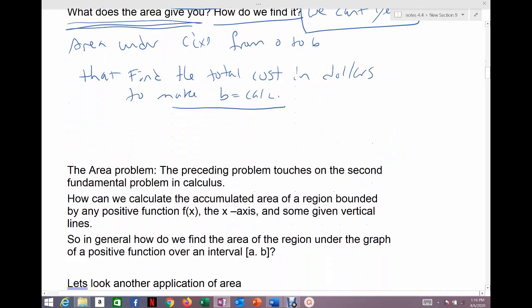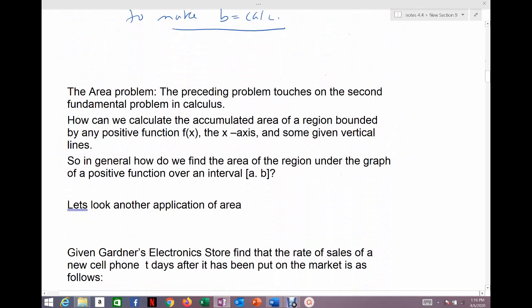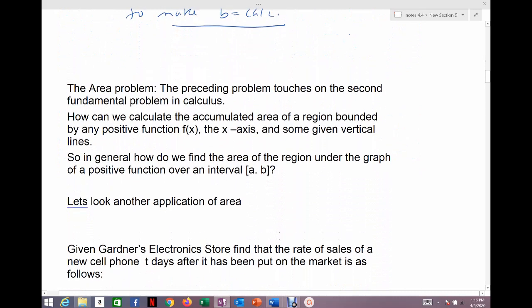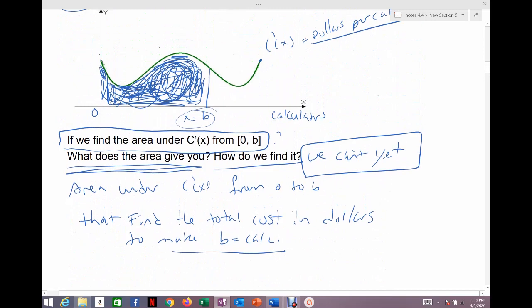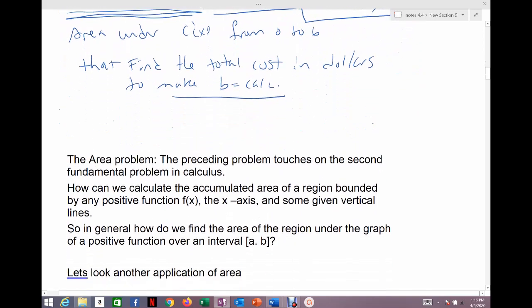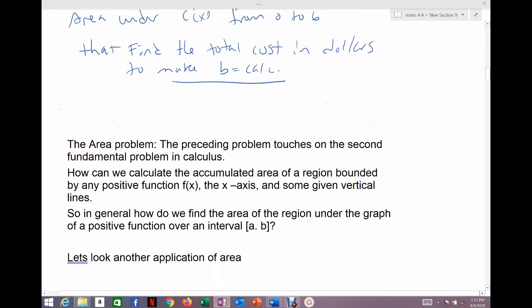All right, so the area problem, as the preceding examples touch on, is the second fundamental problem in calculus. How do we calculate an accumulated area in a region bounded by a positive function? Positive function, I mean it's graphed above the x-axis. Bounded by vertical lines.